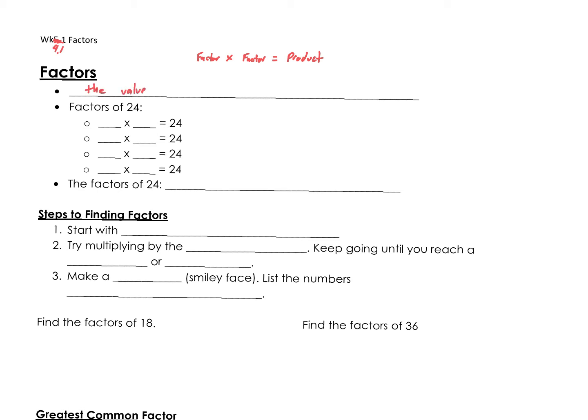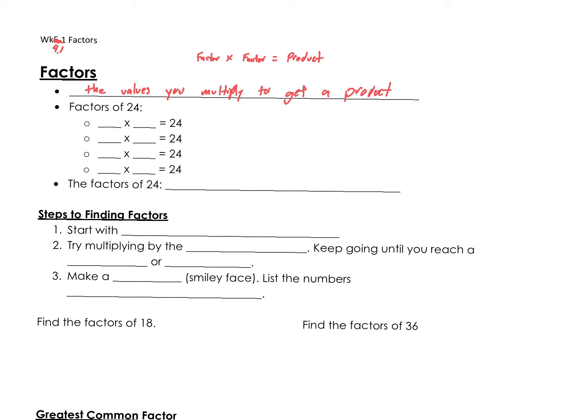The values you multiply to get a product. And when we're talking factors, we're always talking whole numbers. Half of 4 is 2, so you can't say 4 times half are factors of 2.